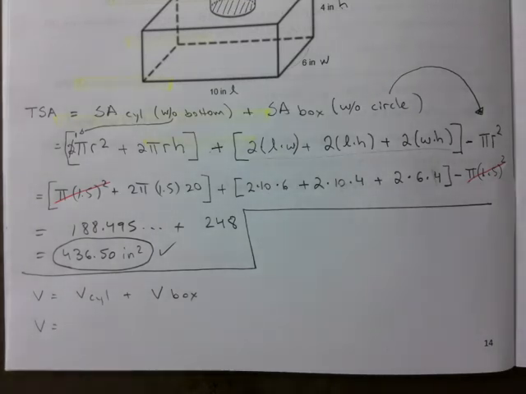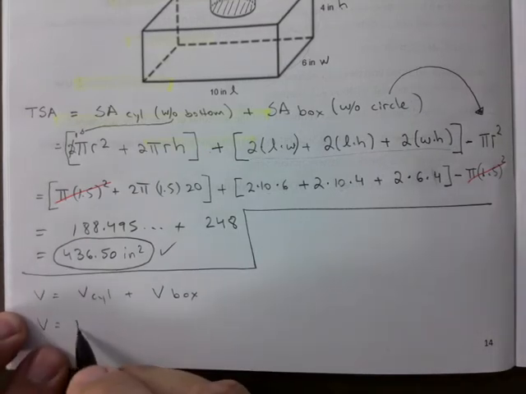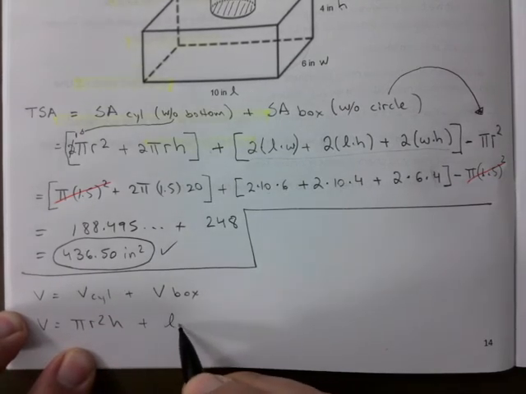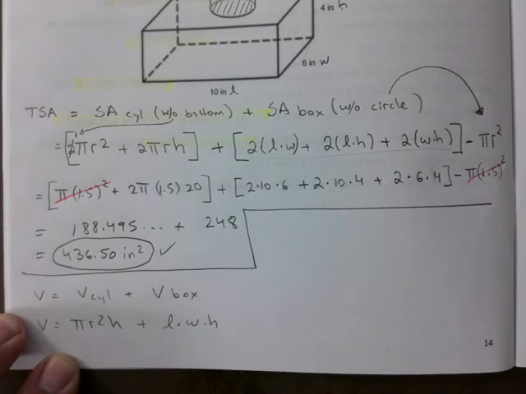The answer is no, because volume is not concerned with things touching. It's just like filling up, right? Like we're just filling those containers, or we're finding how much space is inside. So we're just going to go pi r squared h plus length times width times height, like that.